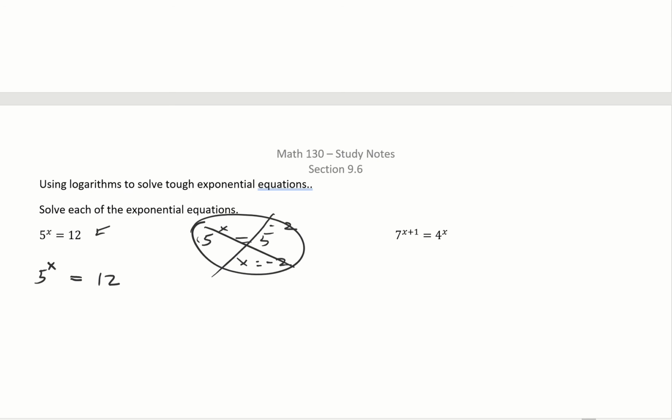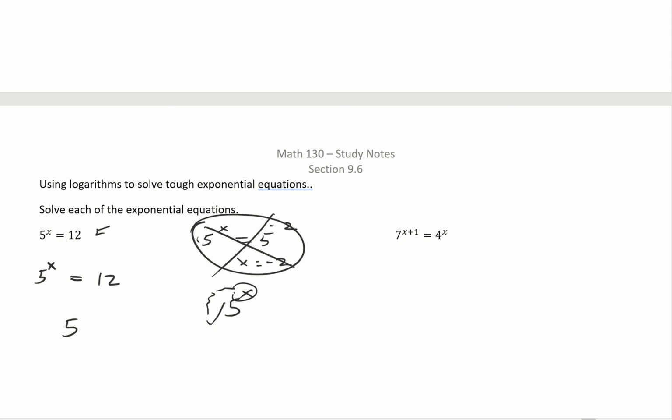I've got this equation, and x is meowing. He's up there at the top of the 5 tree, and he goes, help, help, help. I'm going to get myself a log, and I'm going to lean it against the tree and let the cat crawl down. Isn't that silly to say? The only way to do that is to really use a log, which is a logarithm. And so that's the big move here.